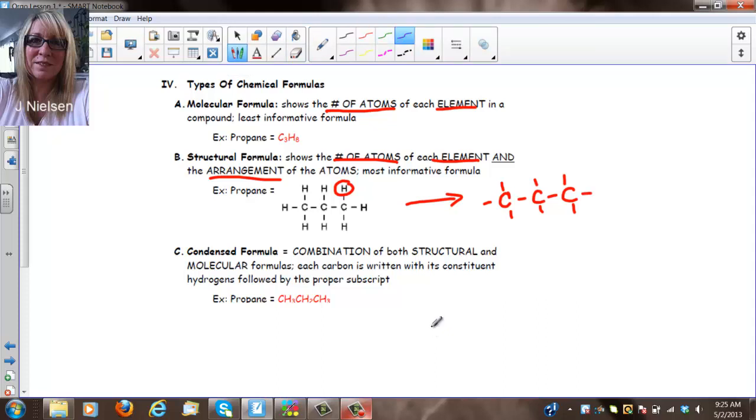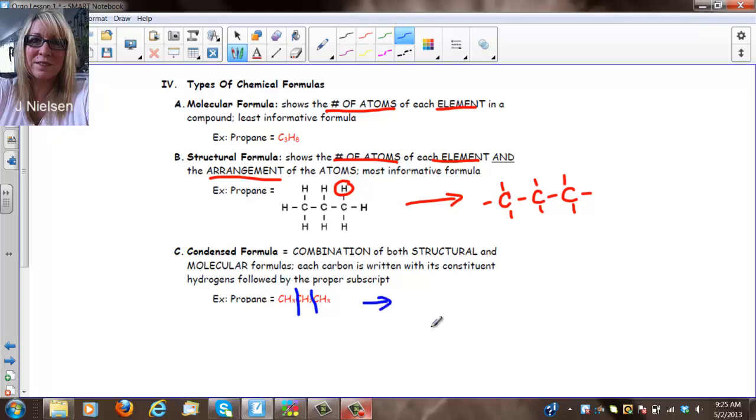Okay, and then you have the condensed formula, which is a combination of both structural and molecular. Now, I won't ask you, nor will the Regents ask you to actually write a condensed formula, but you have to be able to recognize a condensed formula and interpret it. Like you may have to take a condensed formula and draw something from it. So the easiest way to do that is to put a line in between where each of the C's are and break this up and then draw it.